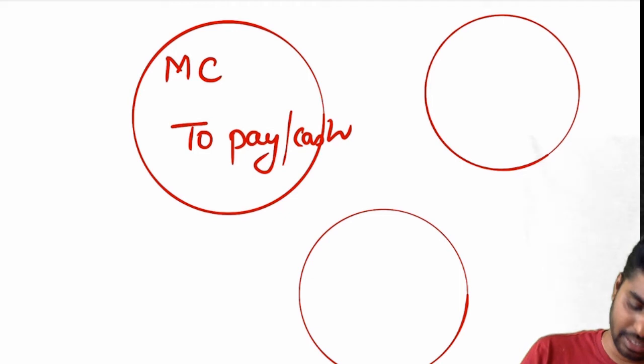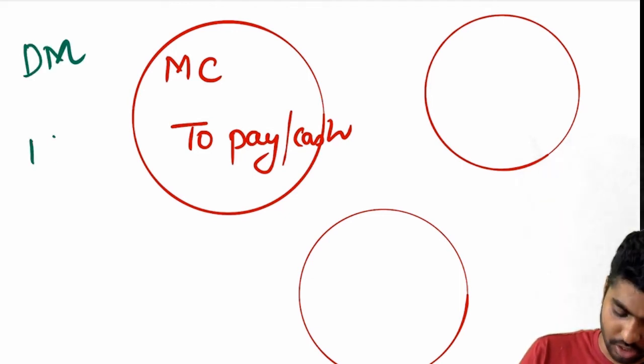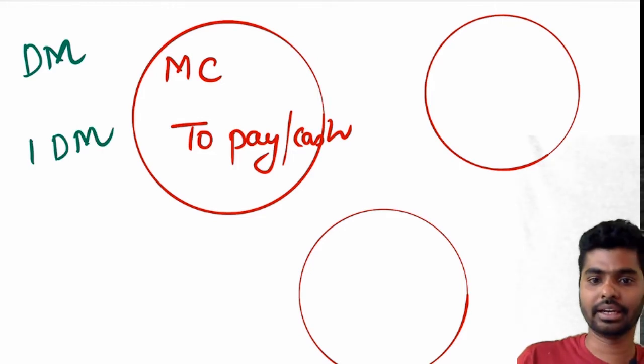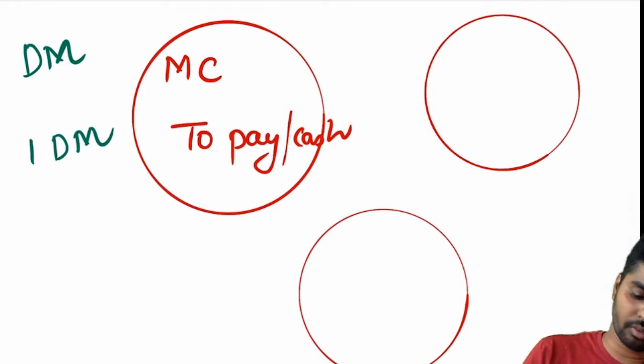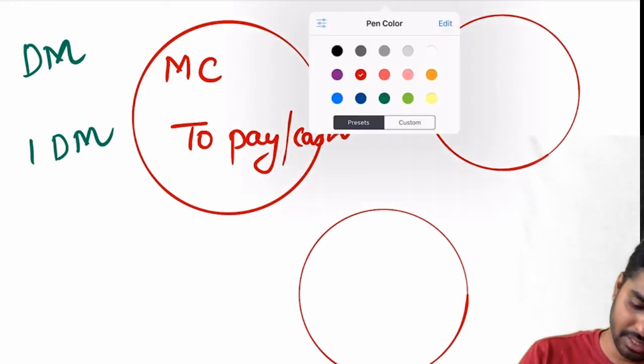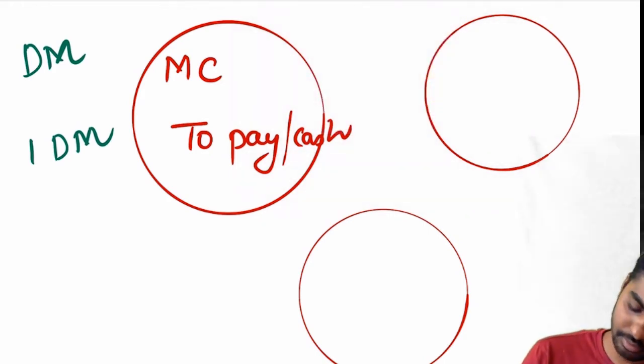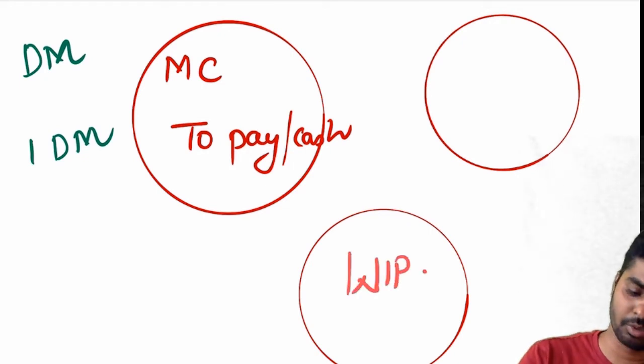This includes when I purchase both direct material and indirect material. From here I'll be charging it to my production, which we call WIP.